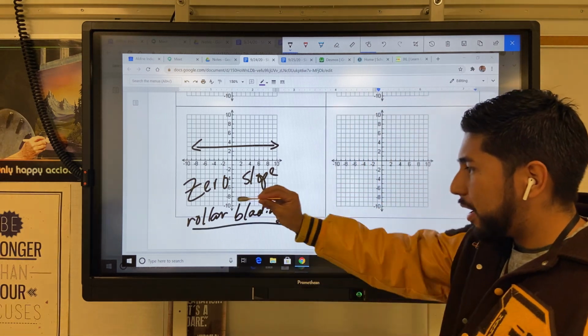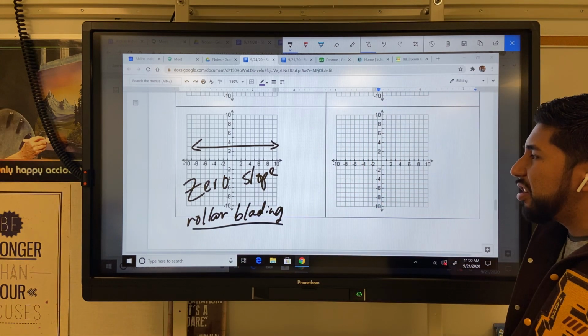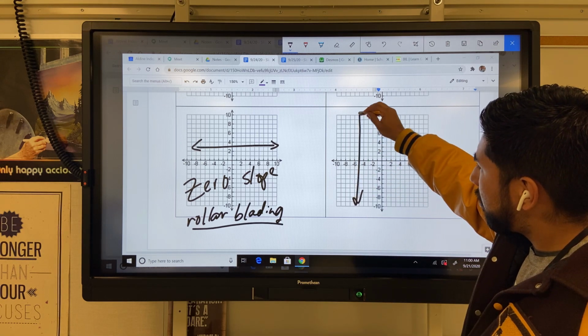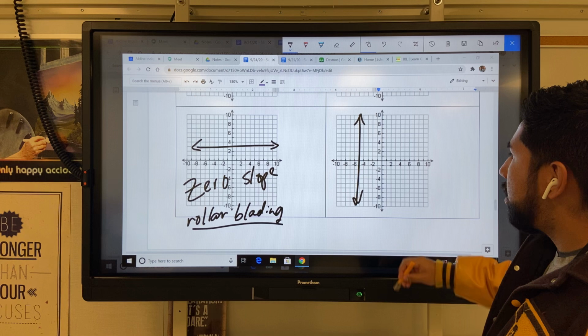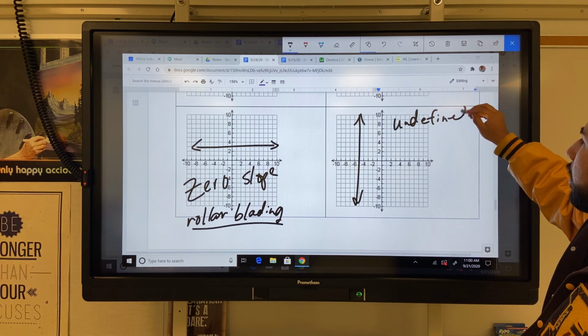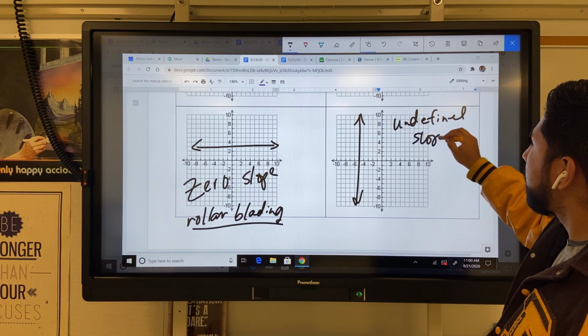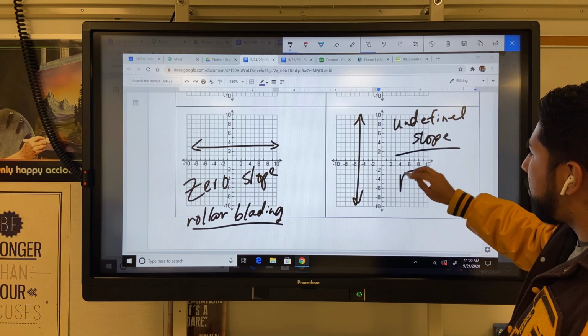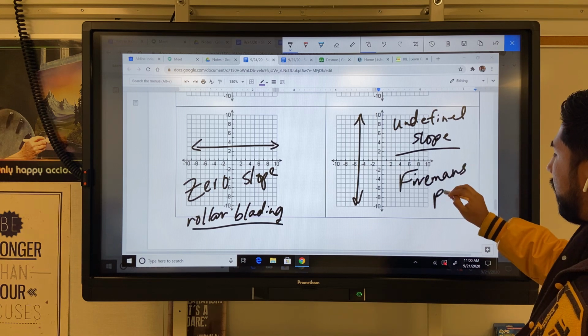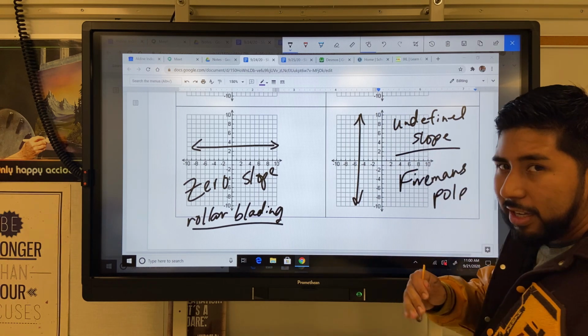You're going rollerblading like this on the straight line. That's a good example. An undefined slope. Oh, I got a good one. Undefined slope. The fireman's pole. When they're coming down the fireman's pole because they got to go save lives.